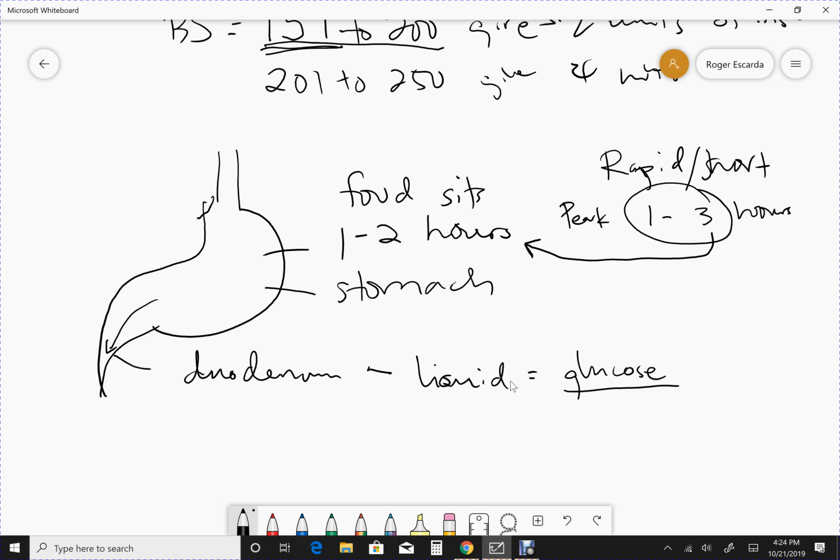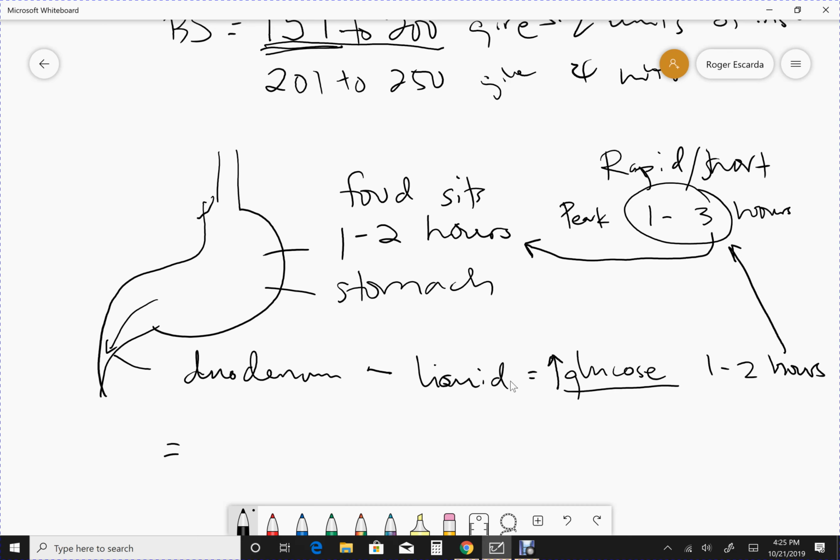Food sits in the stomach for about 1 to 2 hours, then enters the duodenum and is absorbed into the bloodstream, causing your sugar to rise about 1 to 2 hours later, which coincides with the peak action of your insulin.